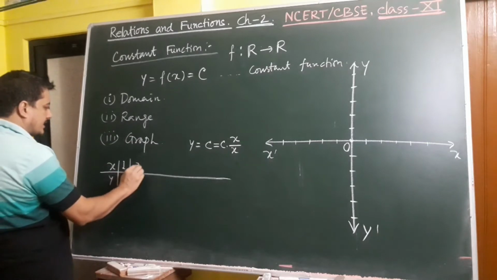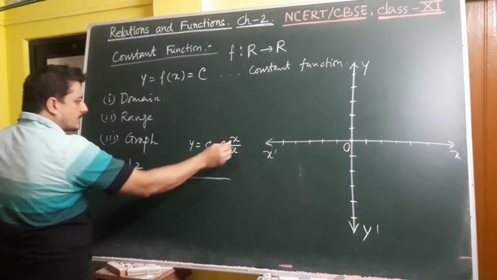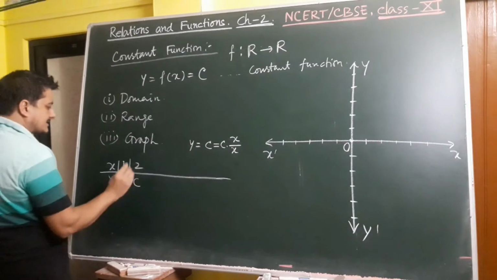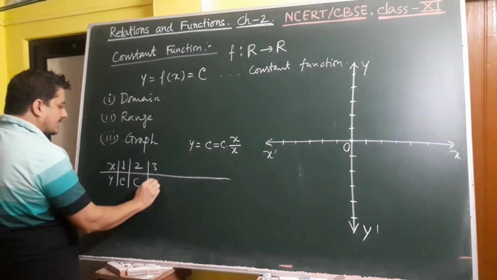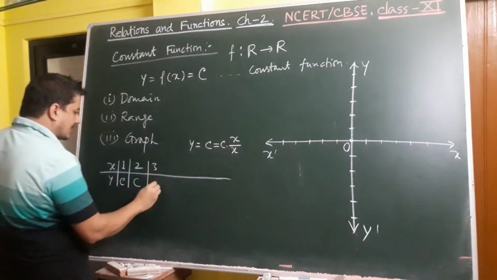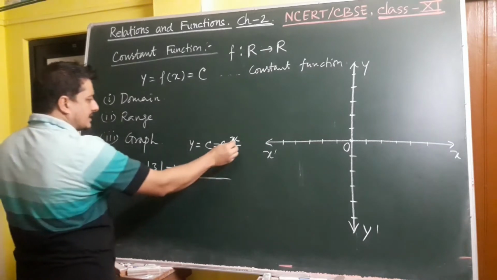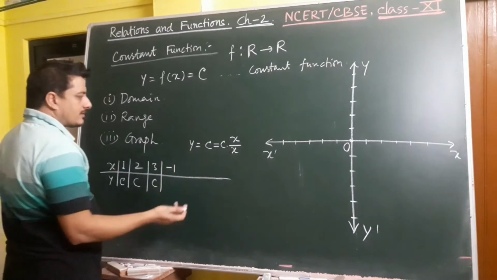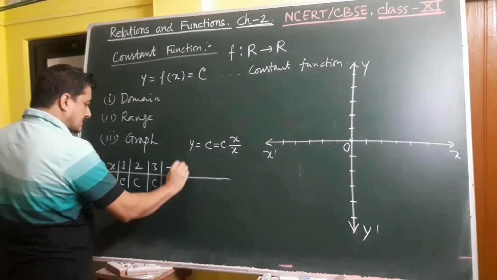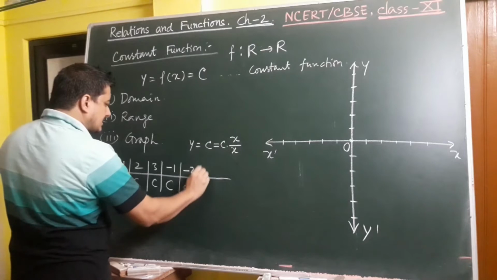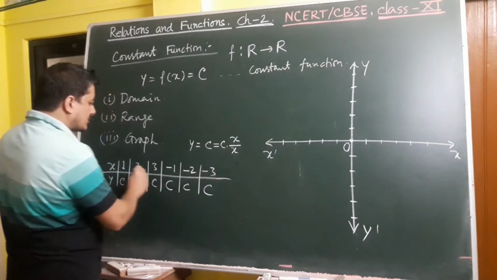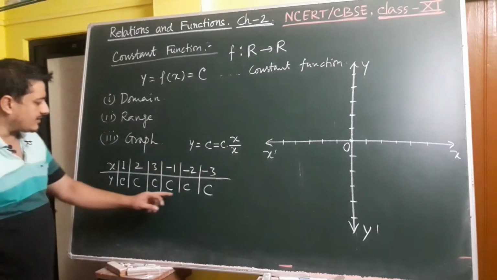Then I put 2, so 2 by 2, and I get c. Then 3 by 3, again you get c. Then minus 1 by minus 1 is 1, so y is equal to c. You put any value here, you will get the value of c.